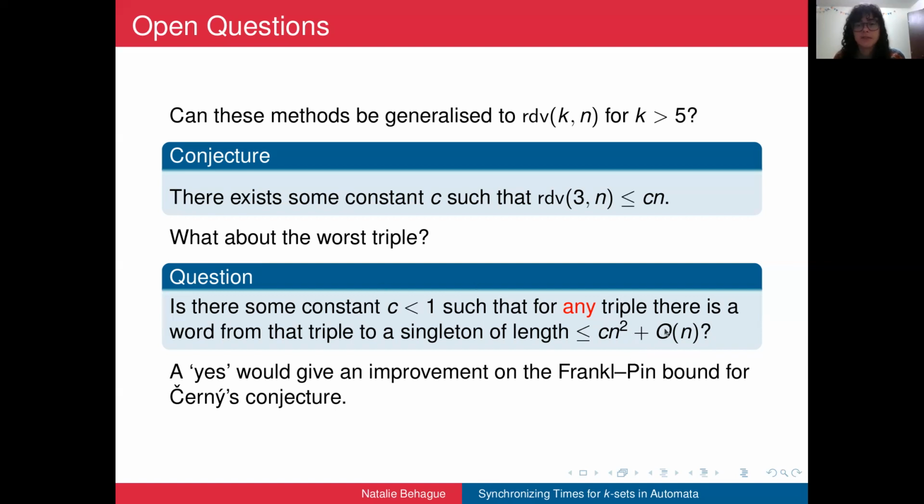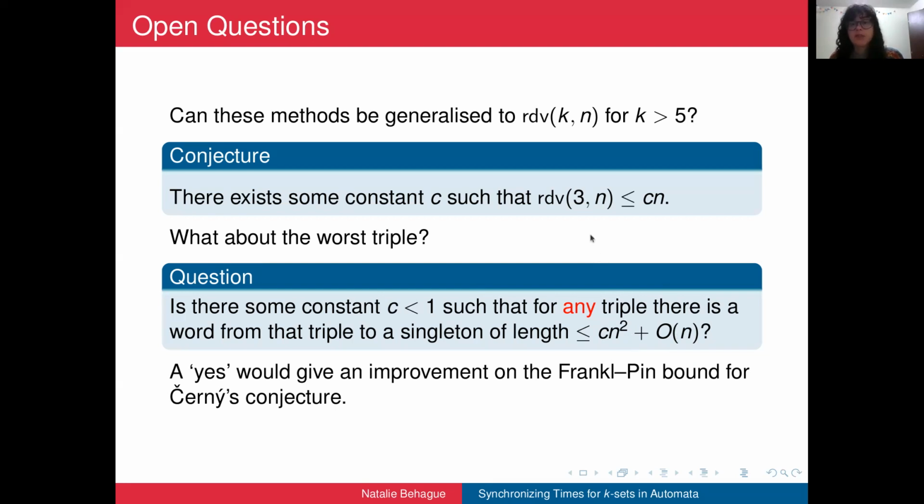Having a positive answer to this question, you could generalize the Frankel-Pin theorem to something saying we can go down 2 layers at a time. So we go from n to n minus 2 and n minus 2 to n minus 4 states. And every time we do it, it takes some smaller constant than 1 times n squared steps. And summing all of those up, you would get instantly something better than 1 over 6.